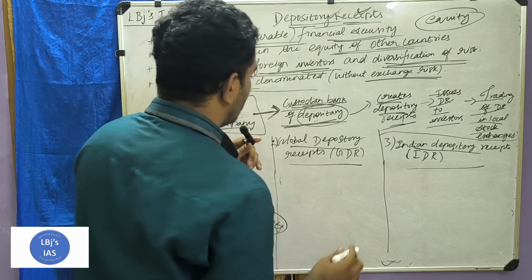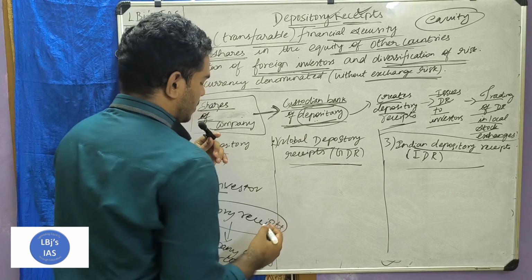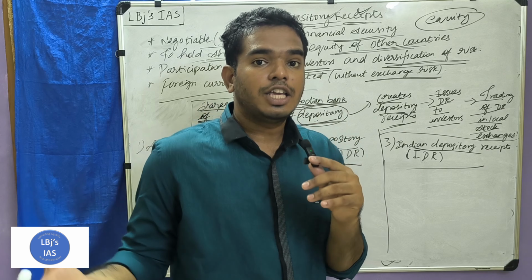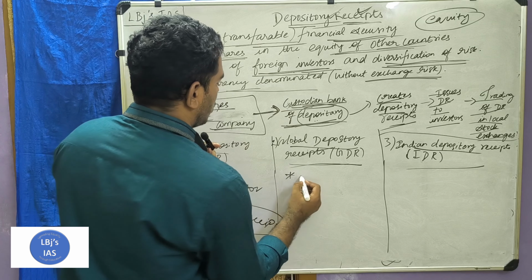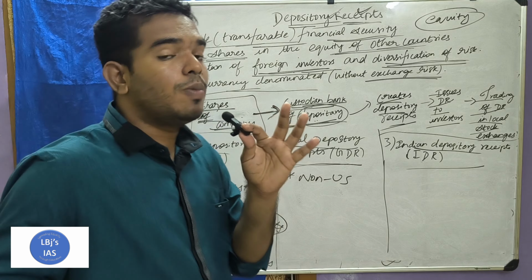Next one is the global depository receipt. These are depository receipts other than those of the US. It is a non-US one, so it is at a global level.